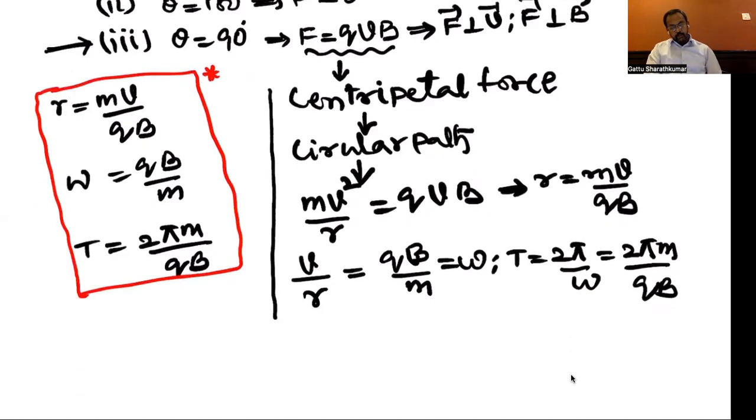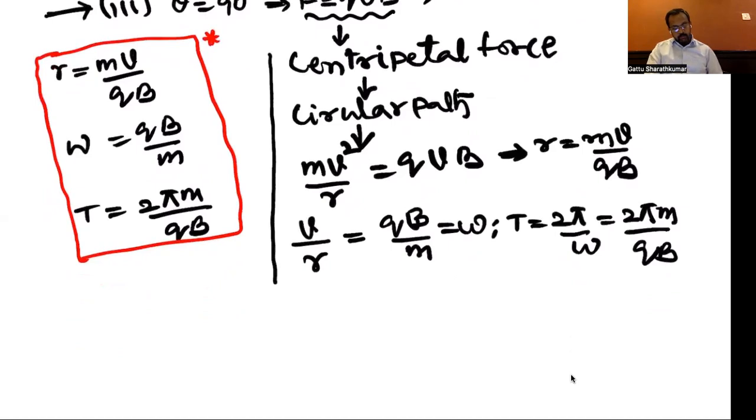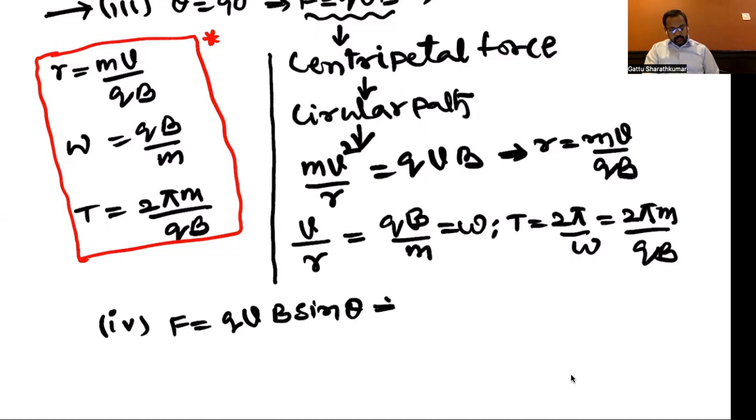The next important point you have to know is what the effect of this force is on the speed. Magnetic force F is equal to qvB sine theta. This does not change speed.